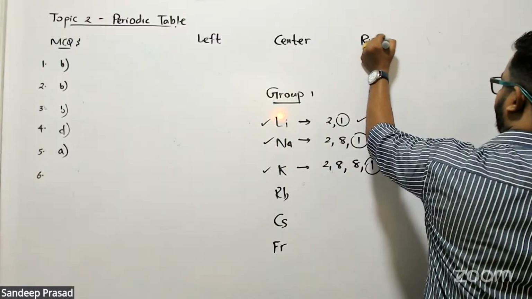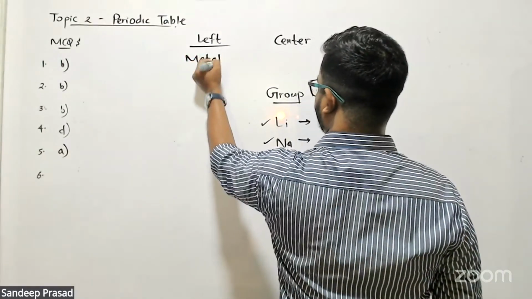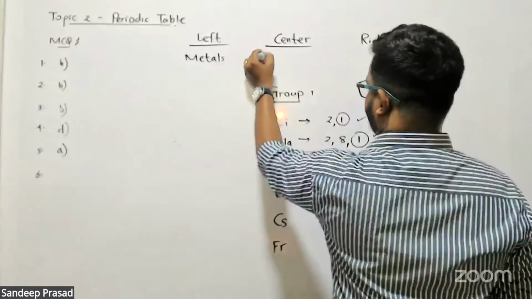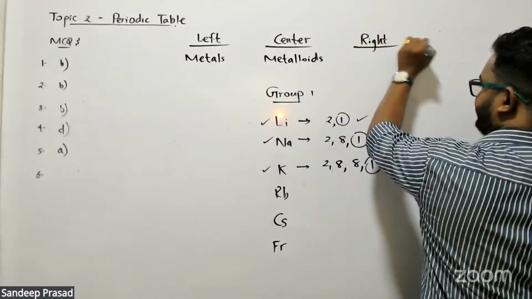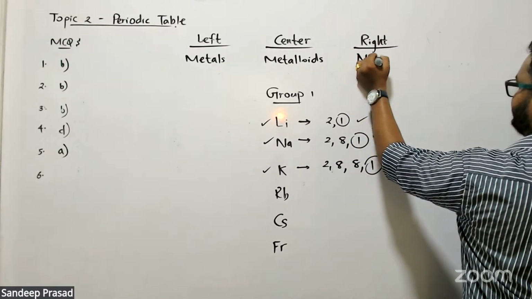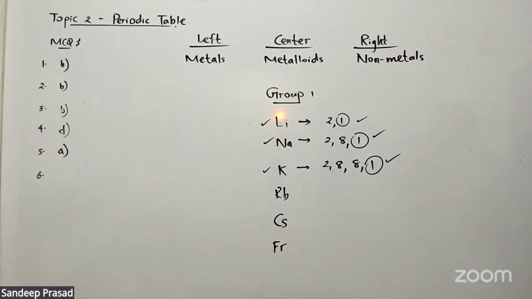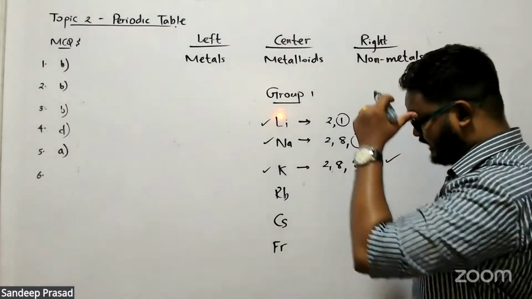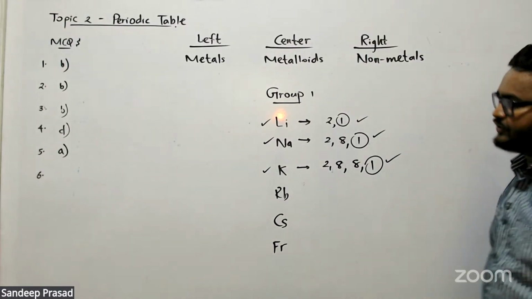In the left side, you can see metals. At the center, we can see metalloids. At the right side, you can see non-metals. Metals, metalloids, and non-metals in this way. Understood?